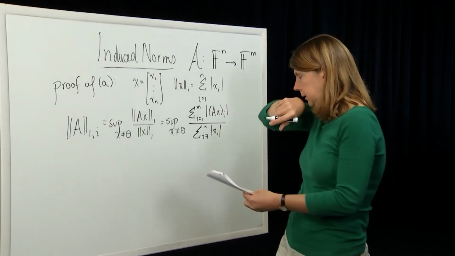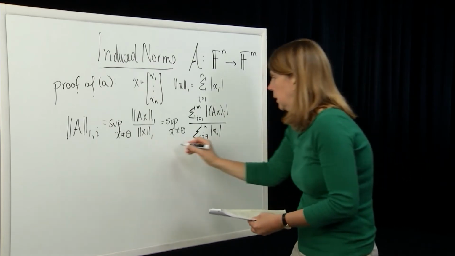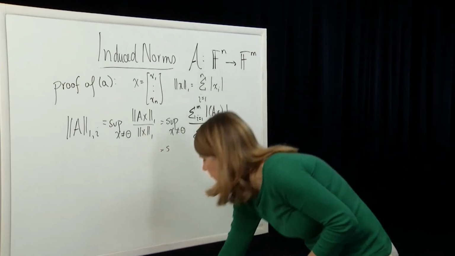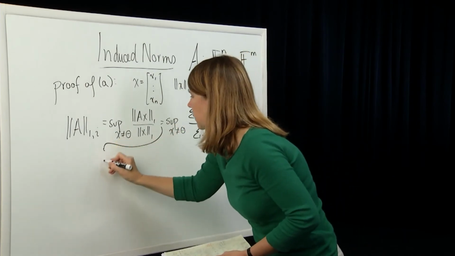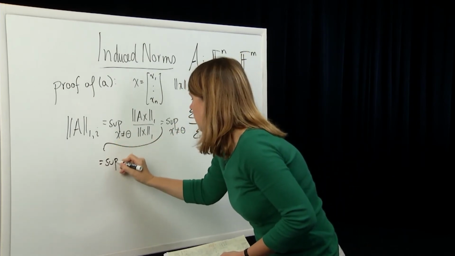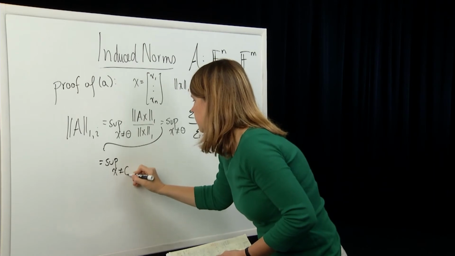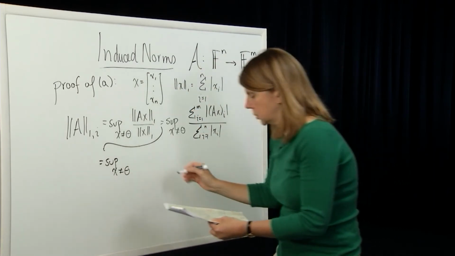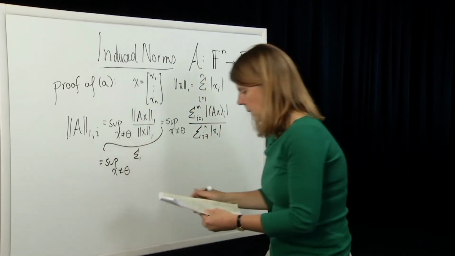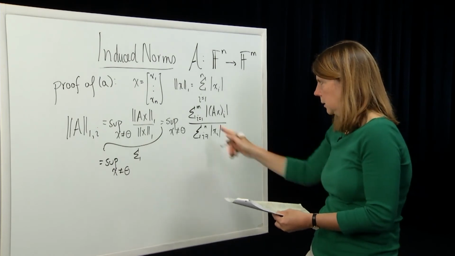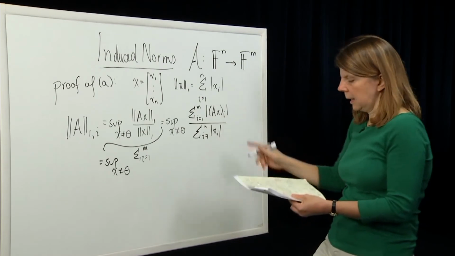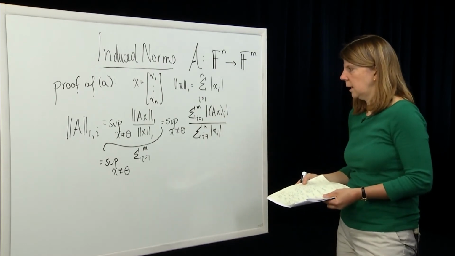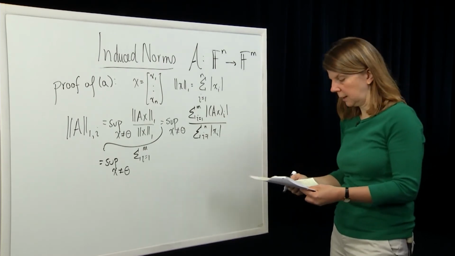So I can rewrite that as the supremum. Let's write it back here. Going back here, that's the supremum over all x not equal to the 0 vector of the summation, and we'll keep that summation i equals 1 to m, and then the absolute value of the ith element of the product Ax.